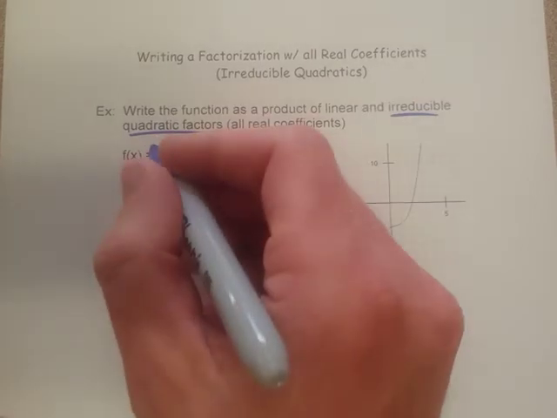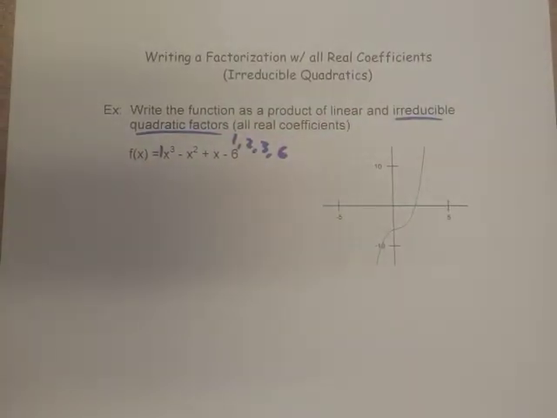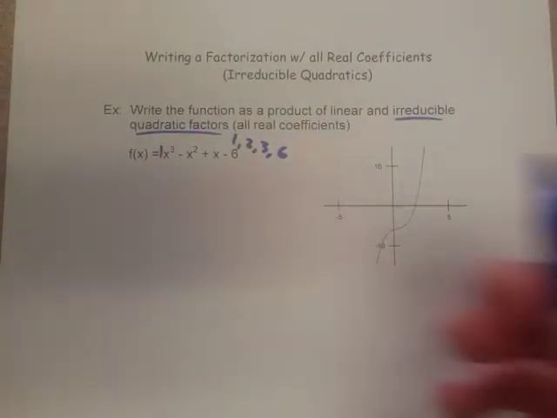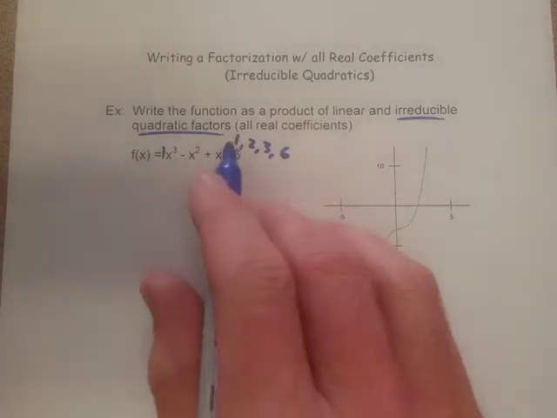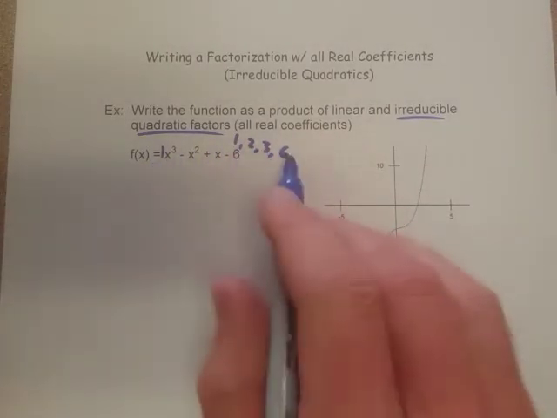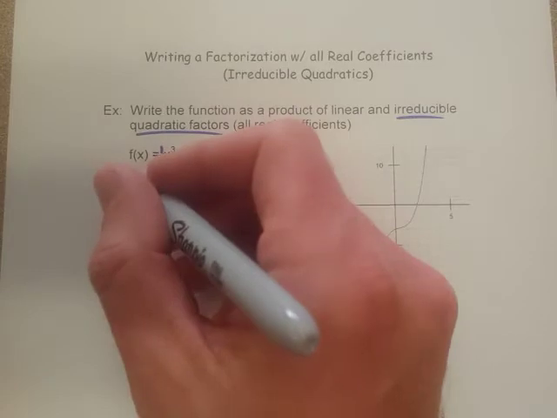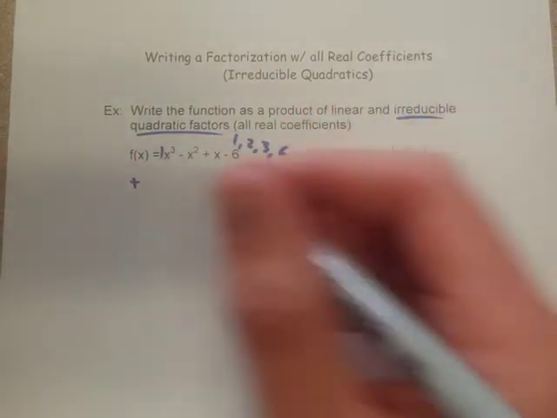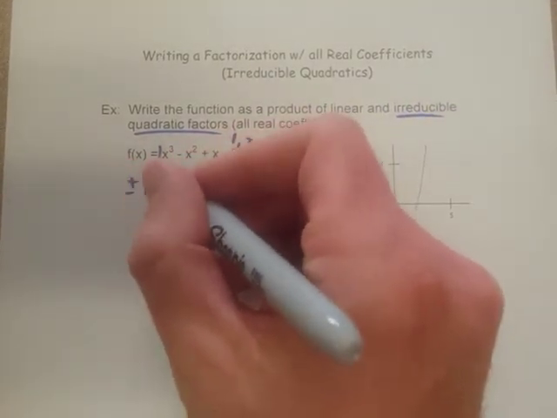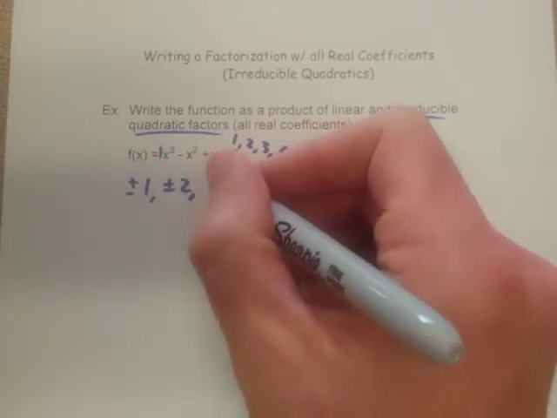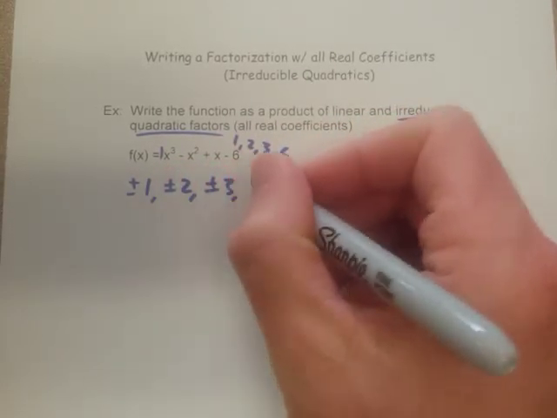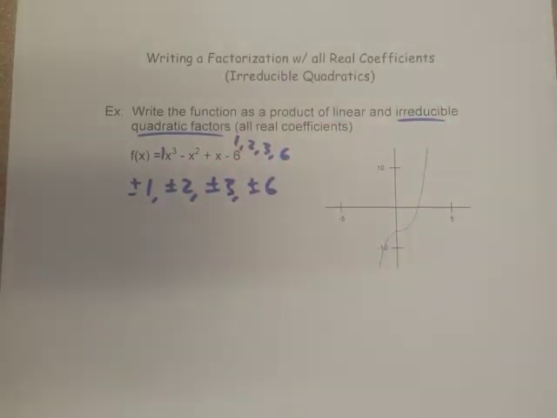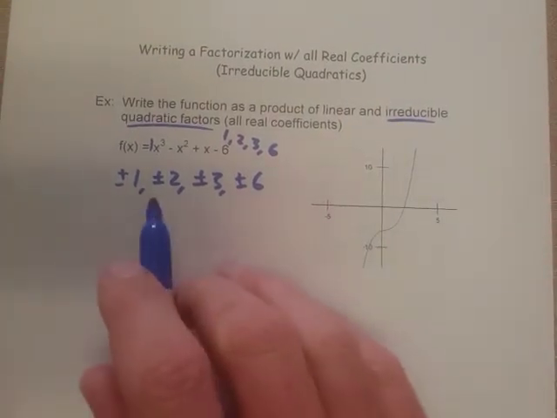X cubed, that's just a 1 in front of there, so that's the only factor there is just a 1, so we don't have to worry about fractions. It's just going to be 1 over 1, 2 over 1, 3 over 1, 6 over 1. So we'll call our list here just plus minus 1, 2, 3, and 6. Those are our possible rational zeros of this function.